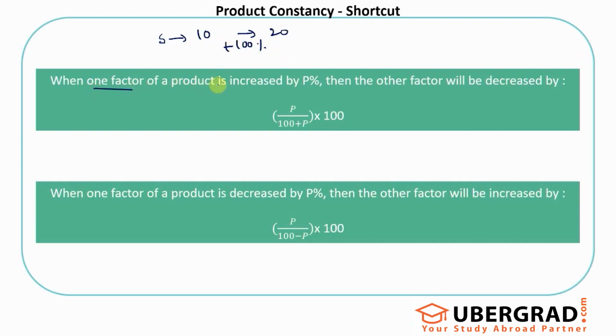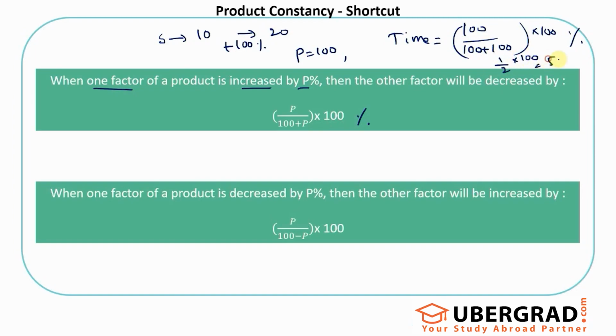So p is 100, and the other factor, time, will automatically decrease by 100 by (100 plus 100) into 100 percent. So 100 by 200 is 1 by 2, into 100 is basically 50%.